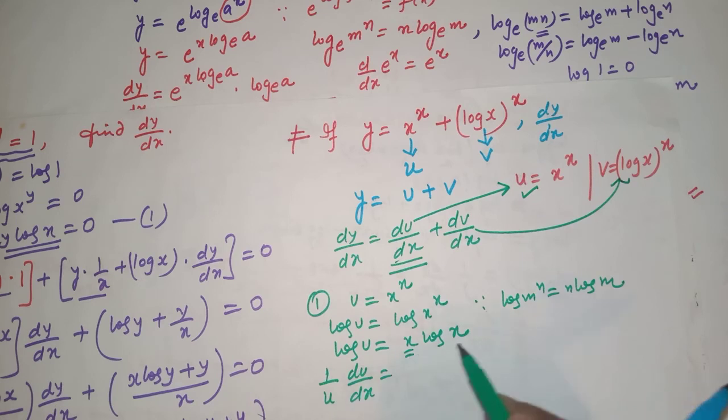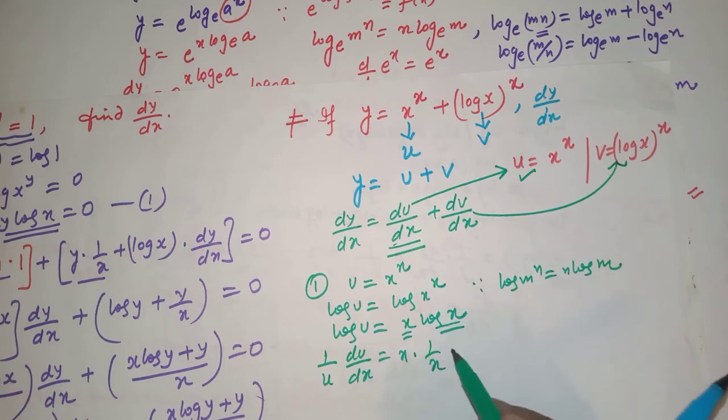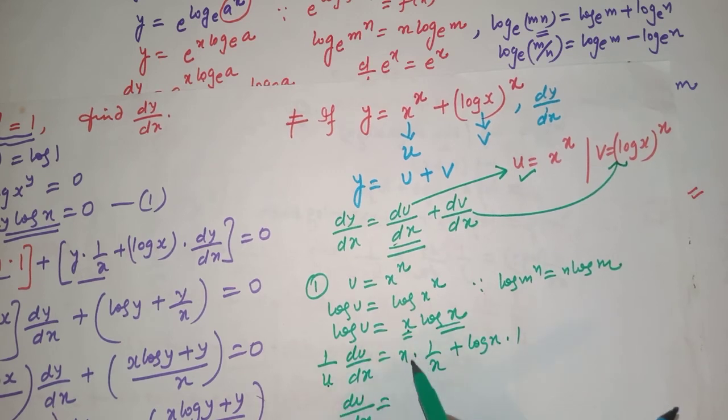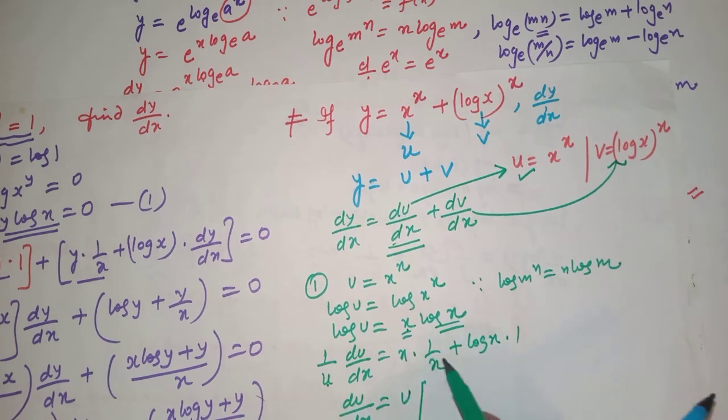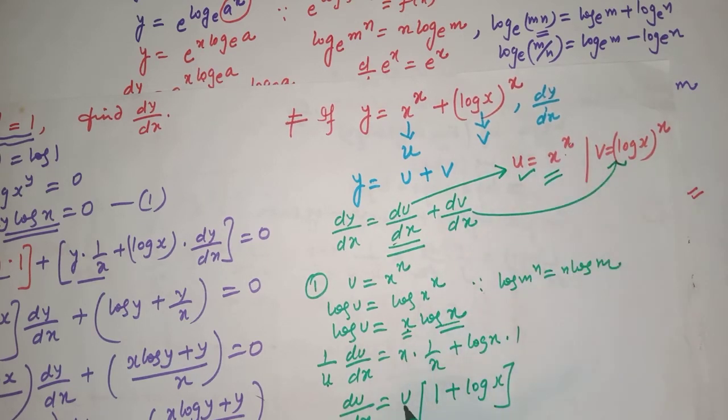Now here we have the product of two functions, so x multiplied by the derivative of log x, which is 1 over x, plus log x times the derivative of x, which is 1. So finally du over dx, we'll take u to this side, and this x gets cancelled, 1 plus log x, clear. Now we'll take this value of u. So this is x raised to x times 1 plus log x.